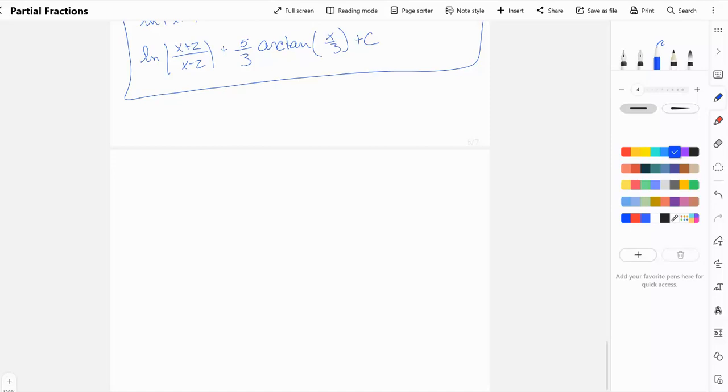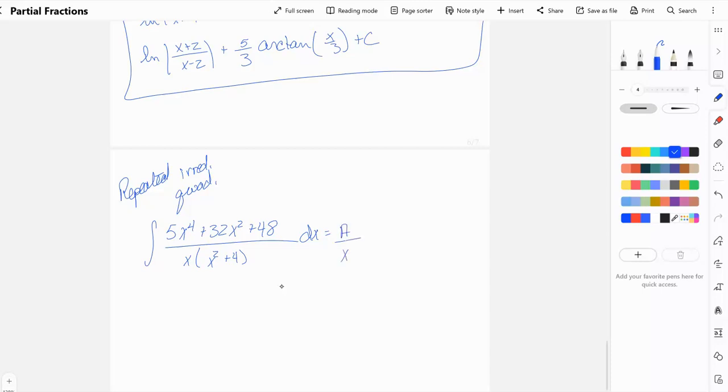And let's do one where we have a repeated irreducible quadratic. Let's say we want to integrate 5x to the 4th plus 32x squared plus 48, all over x times (x squared plus 4) squared.